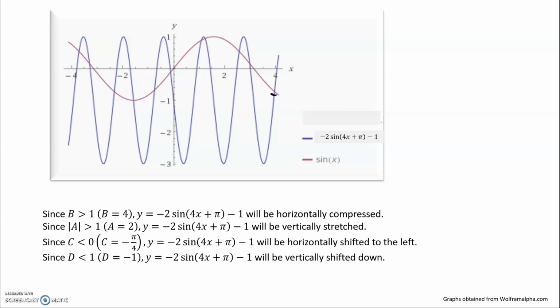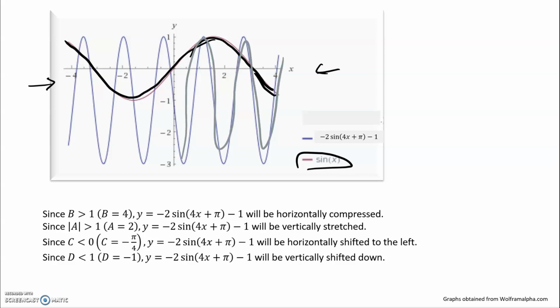Now if this right here is just sine of x before we transform it, well, what we did was, number 1, our b was greater than 1. It was 4. So that means we have horizontal compression, so it's pushing in on your x-axis. So you have a lot more energy right here.